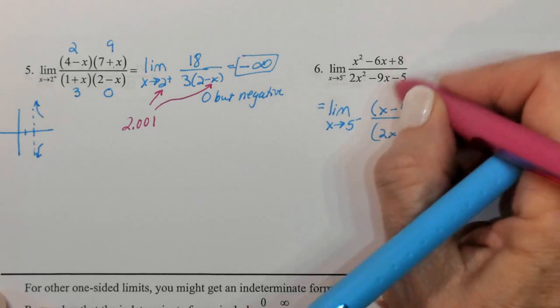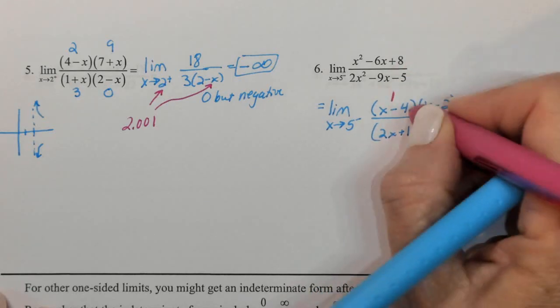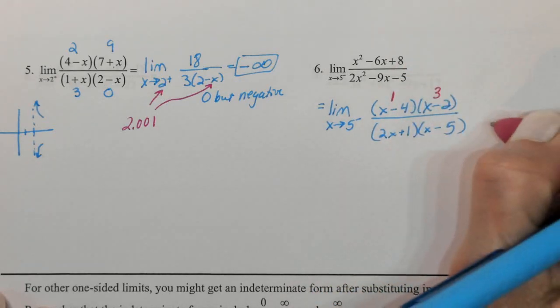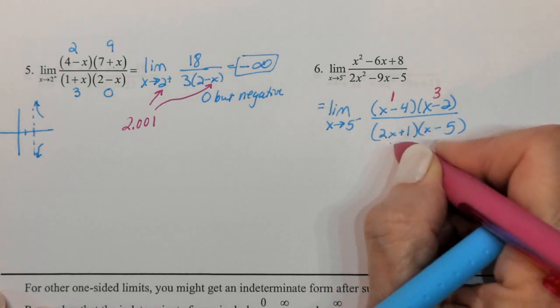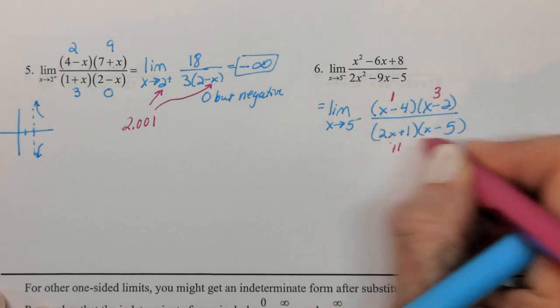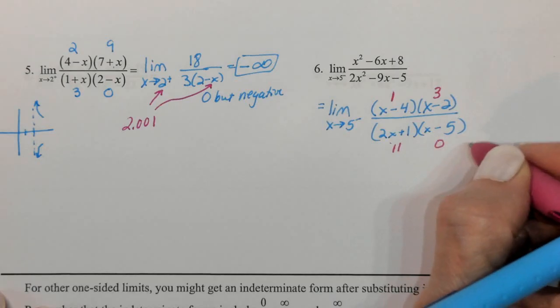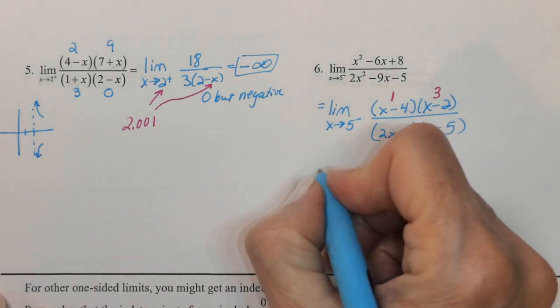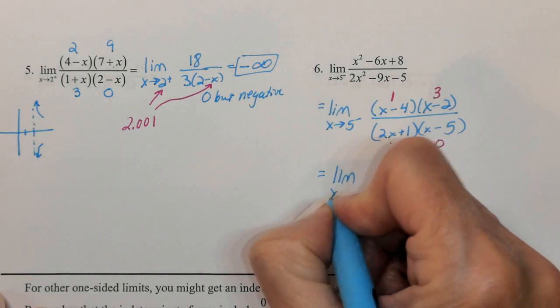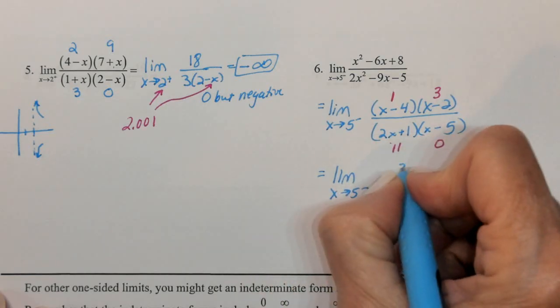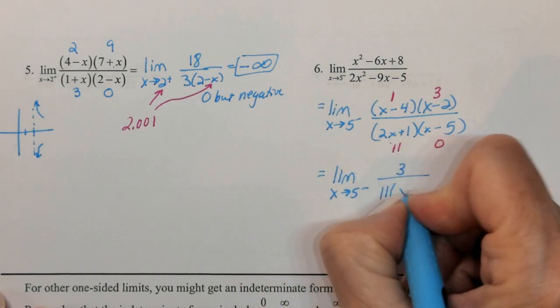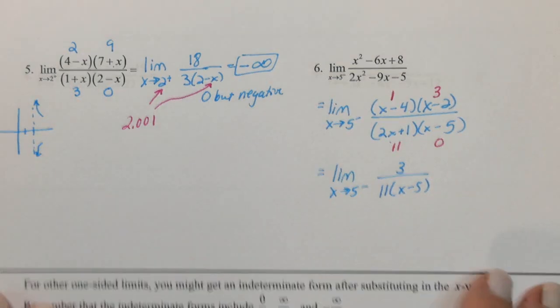If I put 5 back in, I have a 1 from this piece. I've got a 3 from here. I've got 11 from here. I'm just putting in 5, and I've got a 0 from that, right? So this limit is 3 on top, 11 times x minus 5 on the bottom.